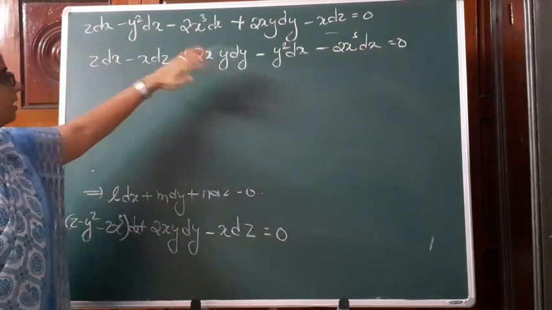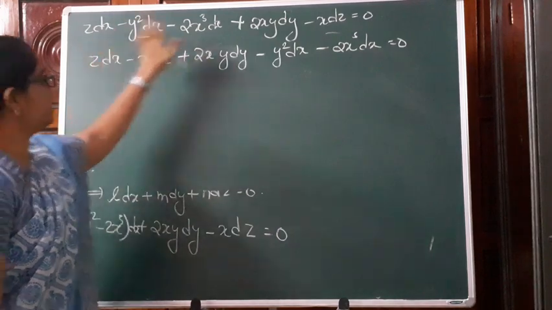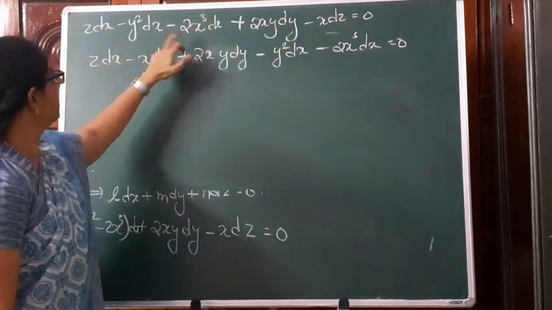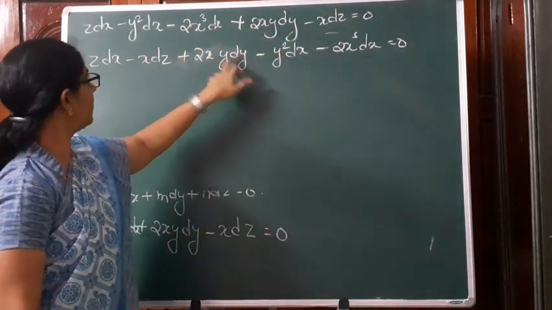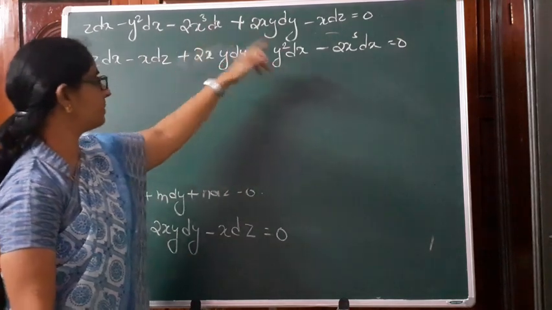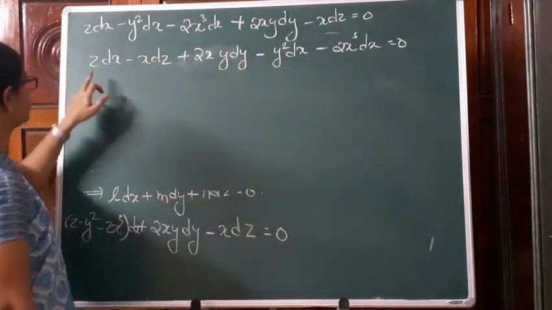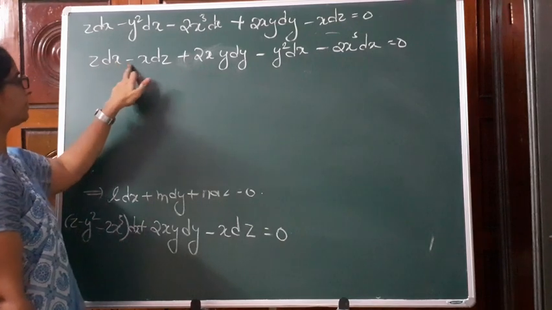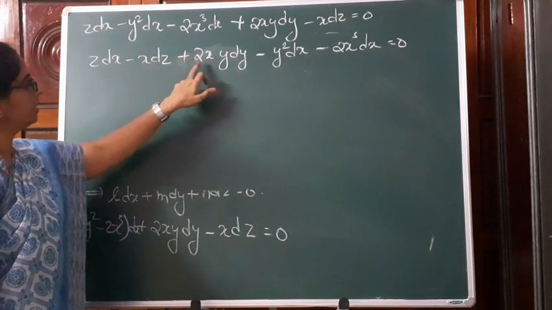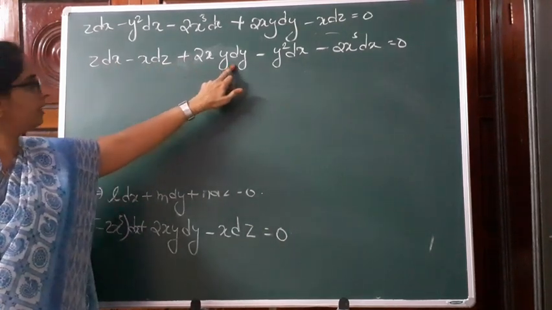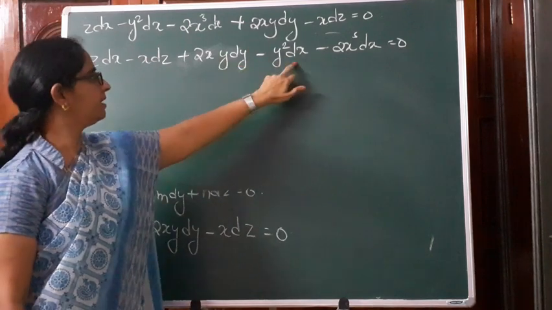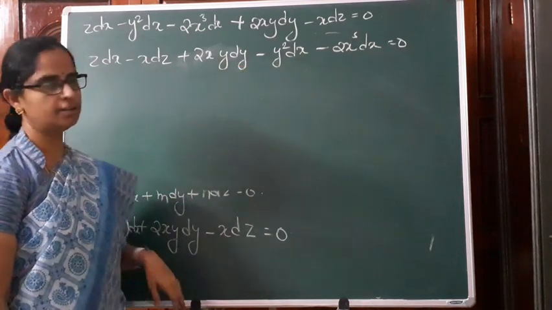Here if you see, z into derivative of x minus x into derivative of z, 2x into derivative of y minus y square into derivative of x minus 2x cube dx.